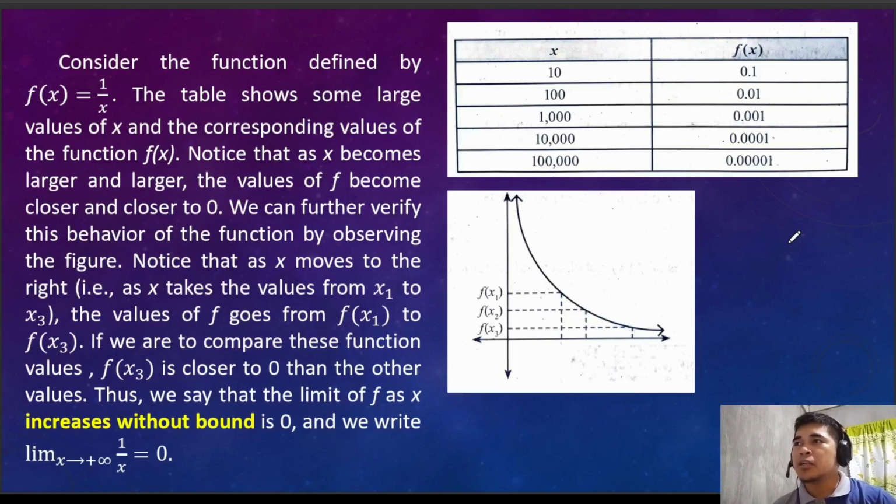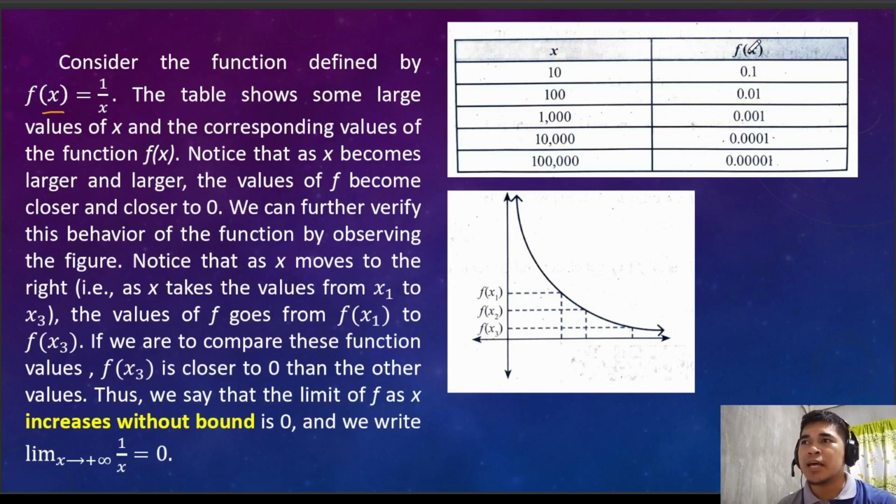So here, consider the function defined by f of x equals 1 over x. The table shows some large values of x. It starts from 10, 100, until it reaches 100,000. And we have the value of f of x.